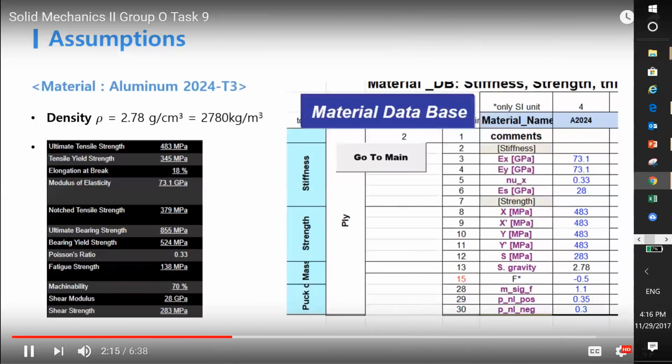You need to look for the information. Right? What kind of information do you need to look for? Geometry, material properties, and load. It is important that you always find these and then start the design.